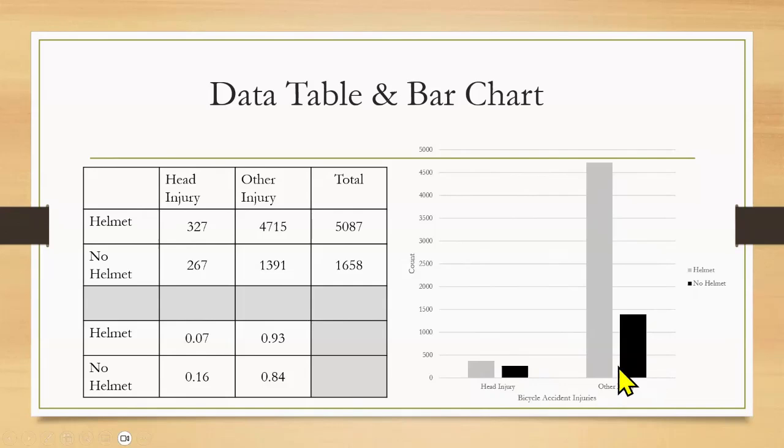When we look at the other injuries versus head injuries for no helmet, because the sample size is smaller, these bars are lower, right? But it looks like the proportions are different. So look at the slope of the line connecting these two bars versus the one with head injury and other injury.